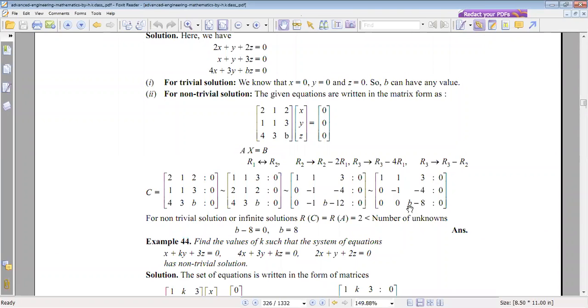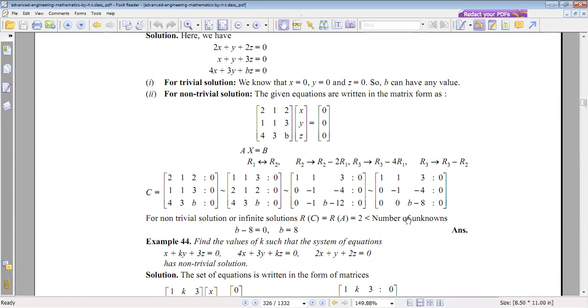Now if b is equal to a certain value, then what happens? Rank is less than 3. Now the rank of A is 2. So the value of b must be equal to what?